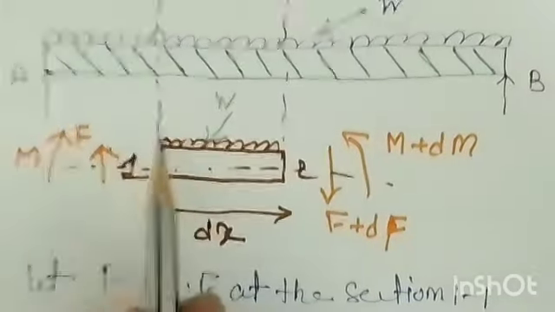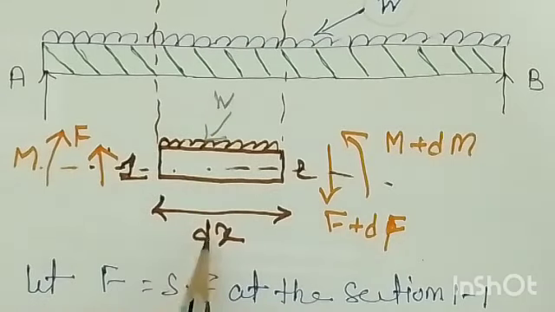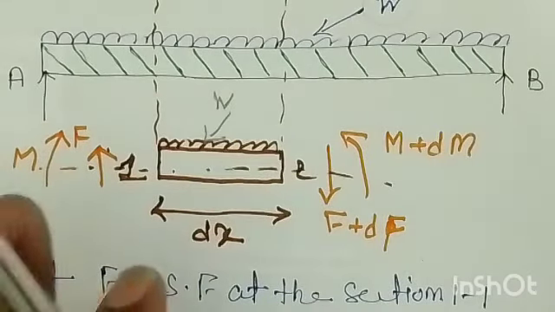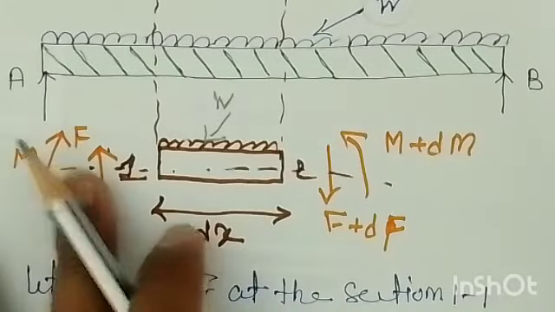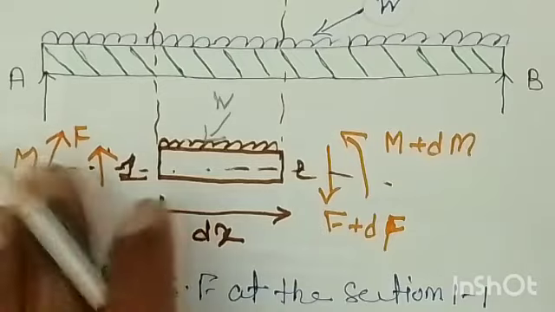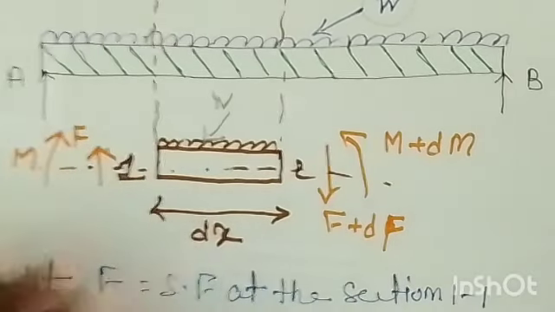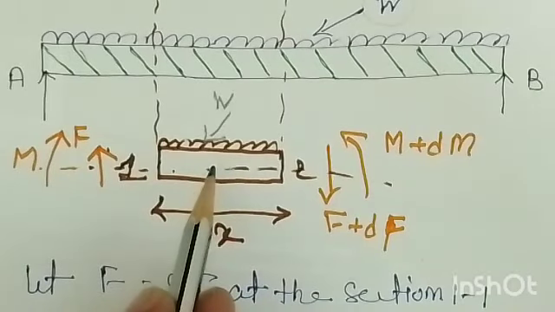In this case the load is acting up to dx, right? So when you multiply this load by this distance, it becomes a point load. Why? Because whenever we do the calculation, the UDL should first be converted into point load. So this load will act vertically downward.